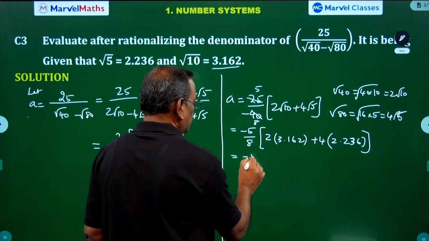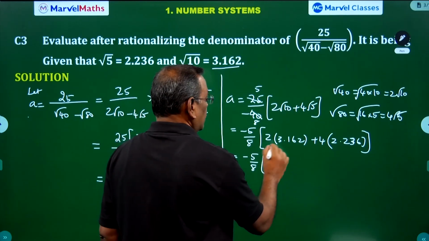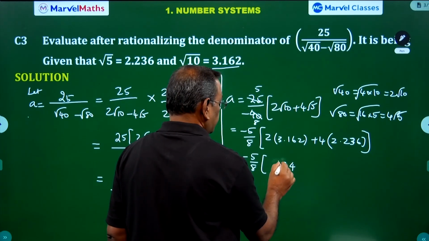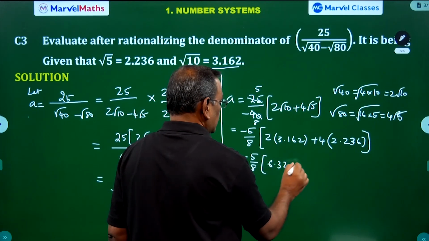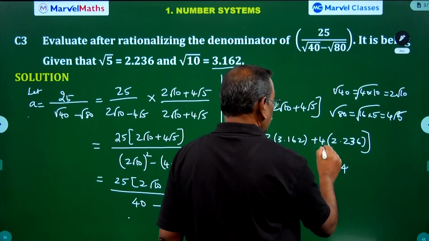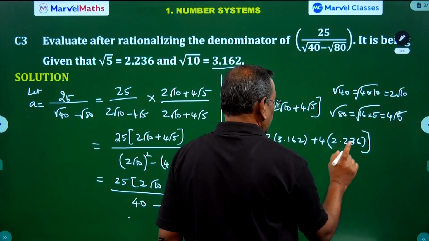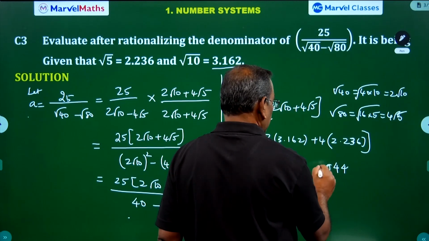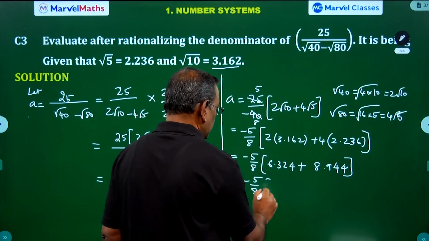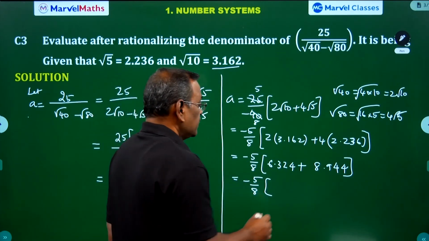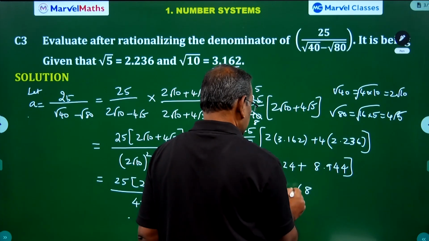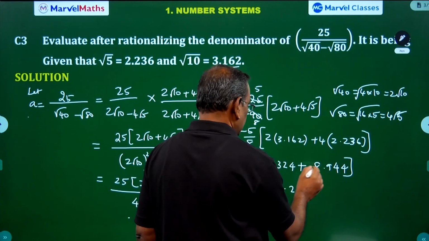Which is equal to minus 5 by 8, 2 2s are 4, and 16, 12, this is 3 and this is 6, plus 4 6s are 24, 2 2s are 14, 1, 8, which is equal to minus 5 by 8 into both the decimal numbers added, 15.27.